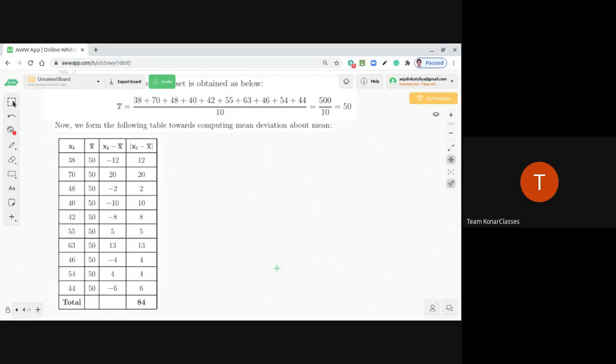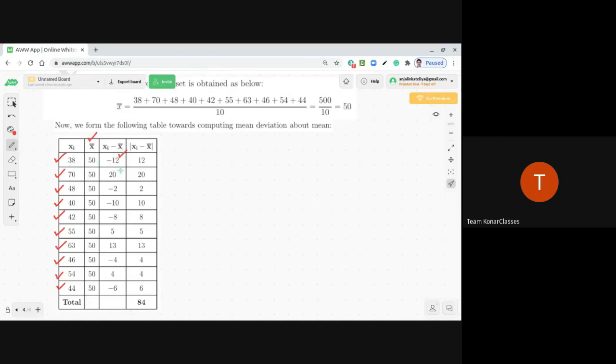So what are the different values here? 38, 70, 48, 40, 42, 55, 63, 46, 54, and 44. The mean of all this data is 50. Then what is the difference xi minus X bar? That is 38 minus 50, which is minus 12.